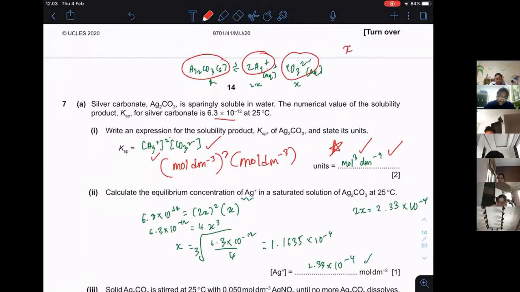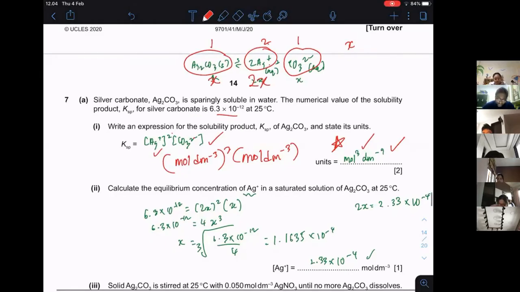We know that this is 1 mole, this is 2 moles, and this is 1 mole. When you look at the solubility, imagine it's x. Every 1 mole will give you 2 moles. So if this is x, this one will be 2x, 2 times x, and this is going to be x. That is by using the term solubility.